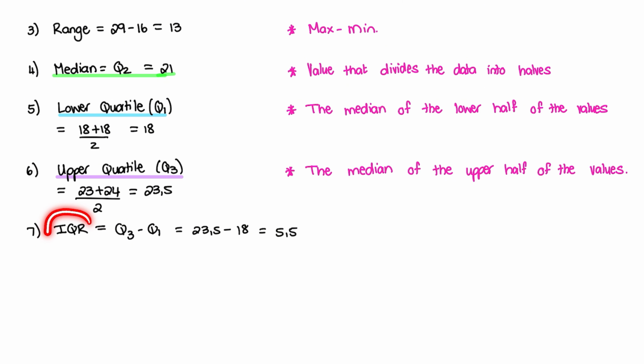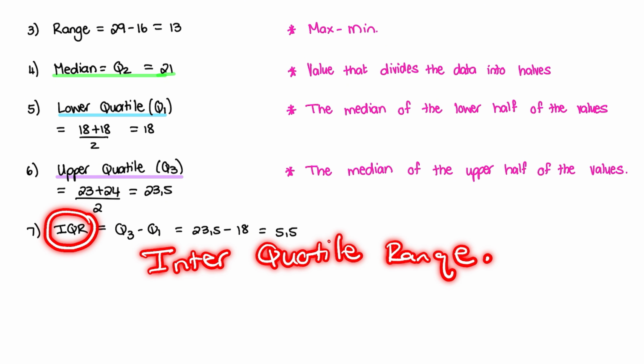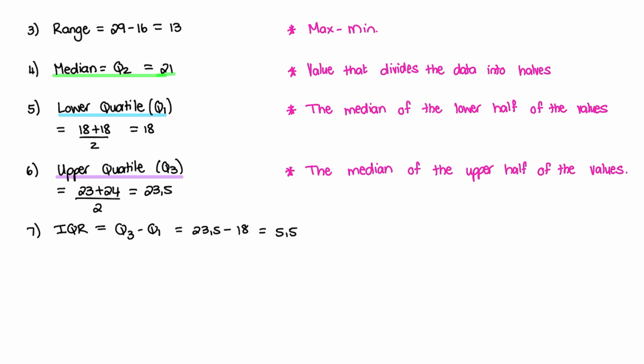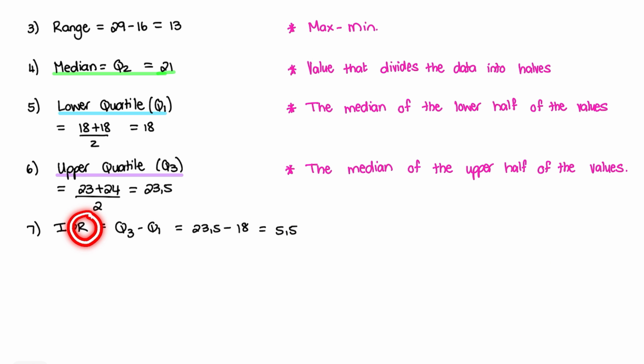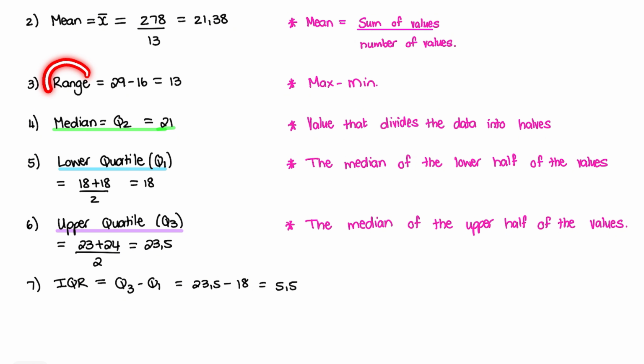Next up, we can find the IQR. IQR stands for the interquartile range, and that's the difference between quartile 3 and quartile 1. Now the word range here, don't confuse that with the range where we had the maximum minus the minimum.